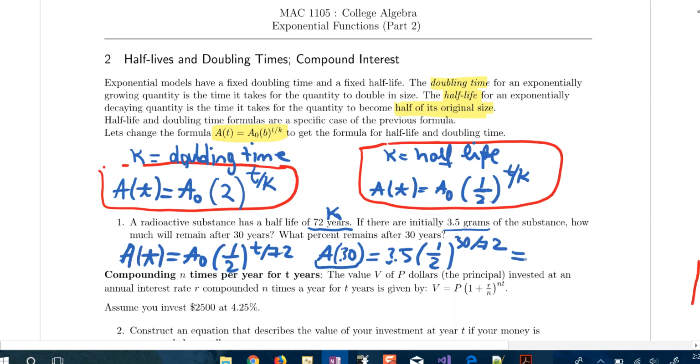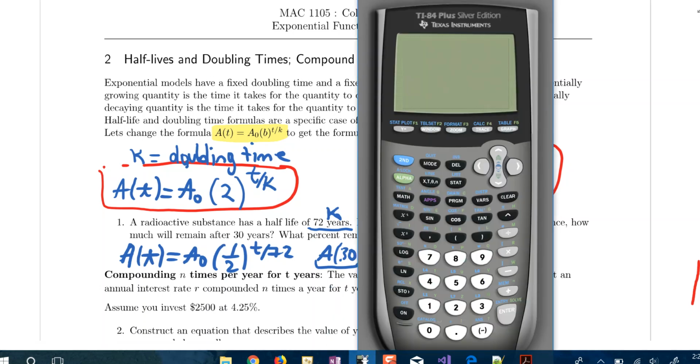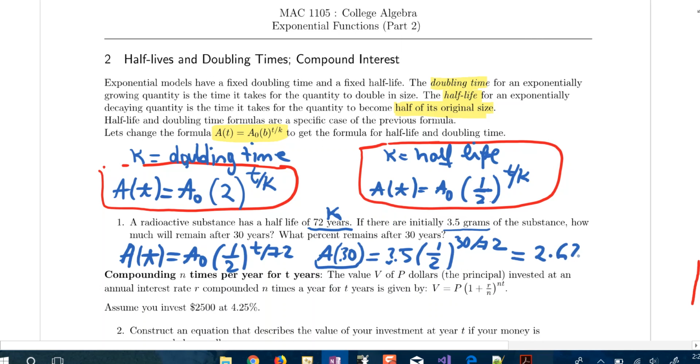So when I plug this in the calculator, 3.5 times 1/2 to the 30 over 72, with t equals 30 and k equals 72, we get 2.62. So the amount after 30 years is 2.62 grams.